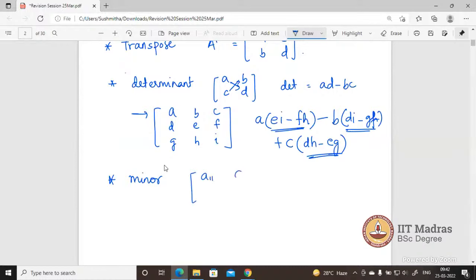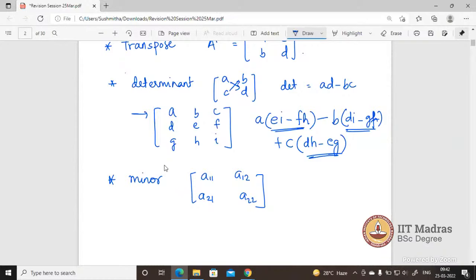So suppose we have A11, A12, A21, A22. What is the minor corresponding to A11? A22. Yeah, why is it A22? Because you have fixed A11, we have removed the first row and first column, and the remaining element is A22. So that will be the minor. Yes.